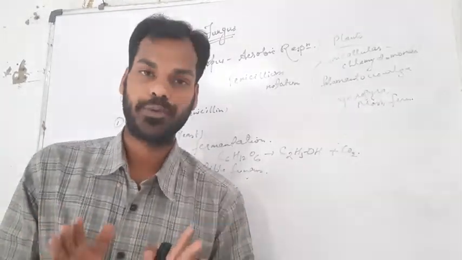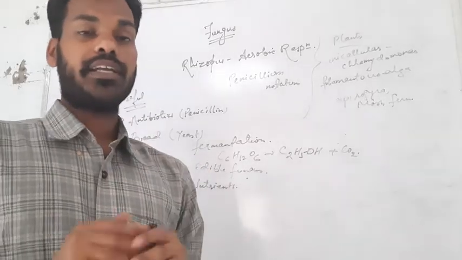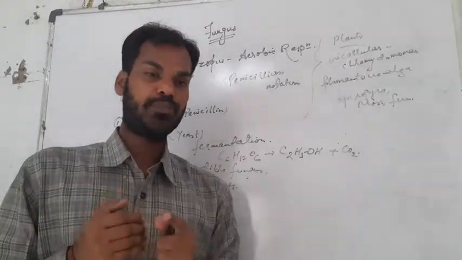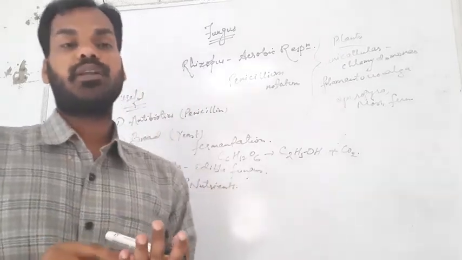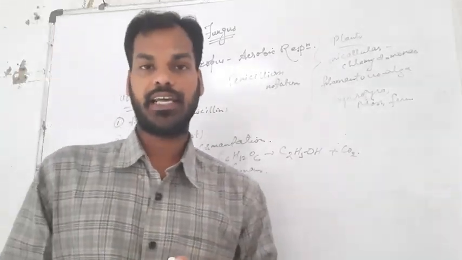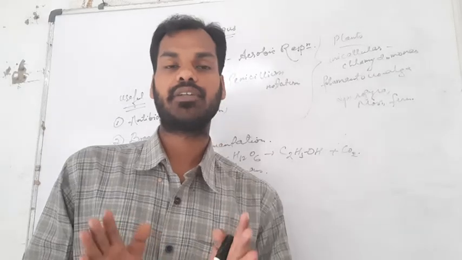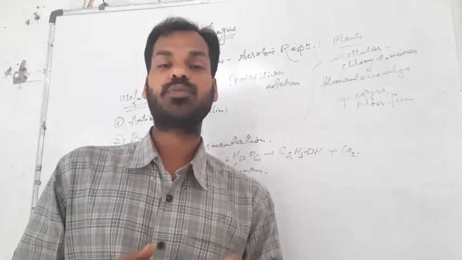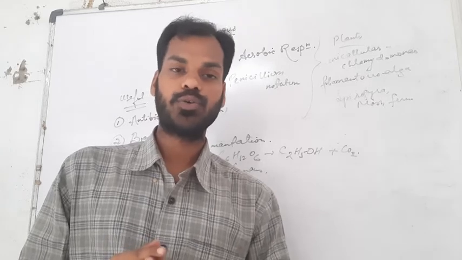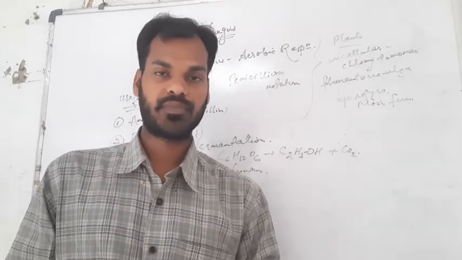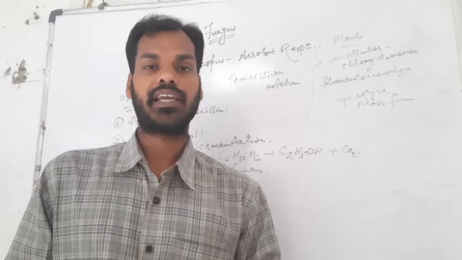If there is any problem with these 5 kingdoms, which were given by R.H. Whittaker in 1969 as the 5 kingdom classification, then we can discuss this topic again. Till then, take care of yourself.